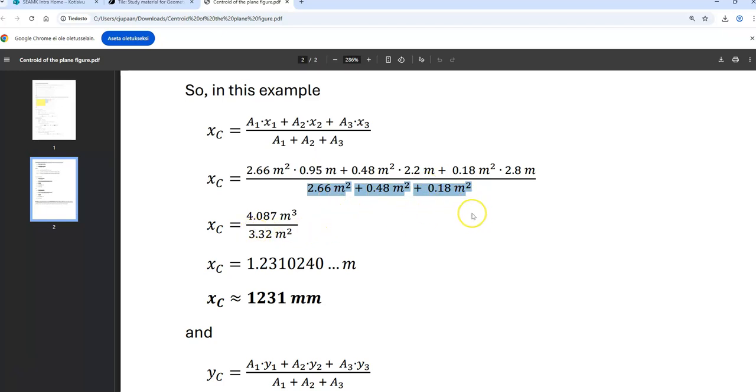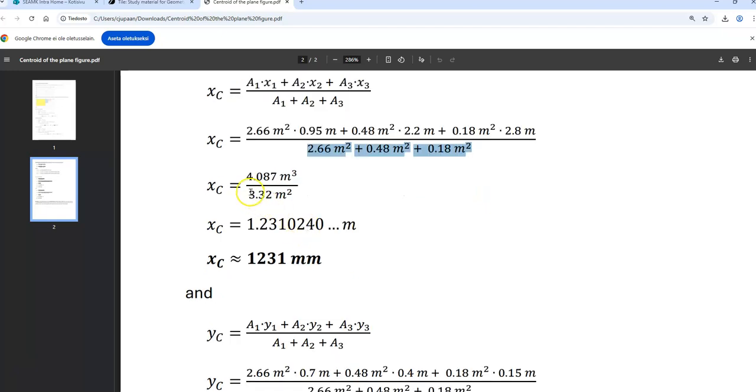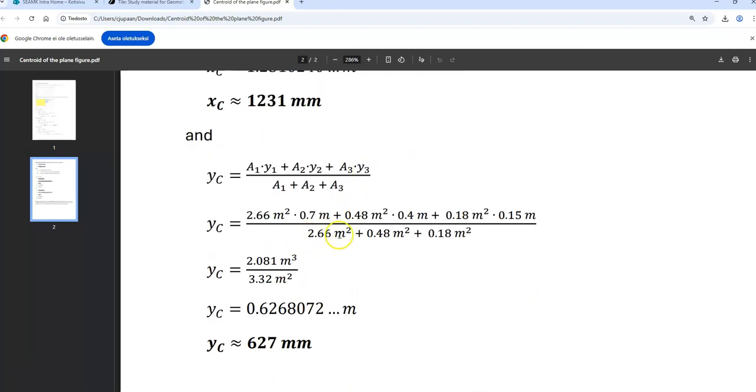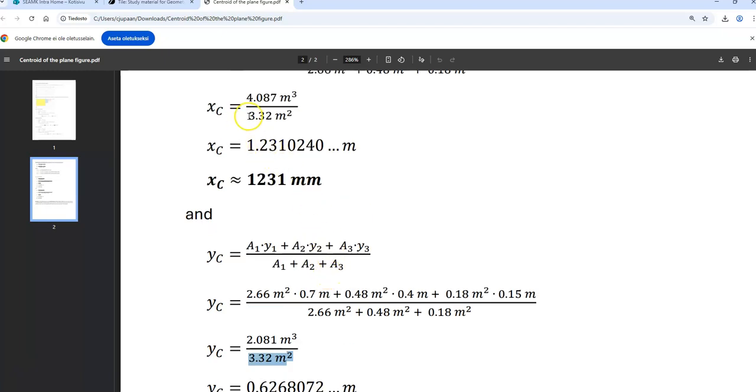So actually when I calculate the x coordinate here, it is useful to calculate the value of the total area here, because once I calculate that, I don't necessarily need to calculate it again when I am calculating the y coordinate, because here you get the same number, or the same area.